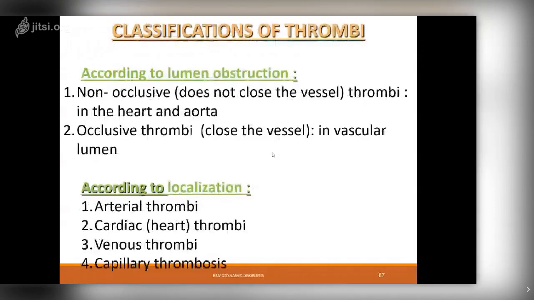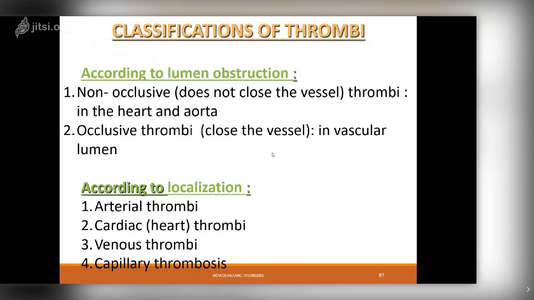So let's talk about types of the thrombi. They may be non-occlusive if it does not cause obstruction of the vessel, or they may be occlusive. Of course, in case of non-occlusive thrombi, we will deal just with diminution of blood flow, and the affected part that gets blood flow through this vessel will suffer from hypoxia.